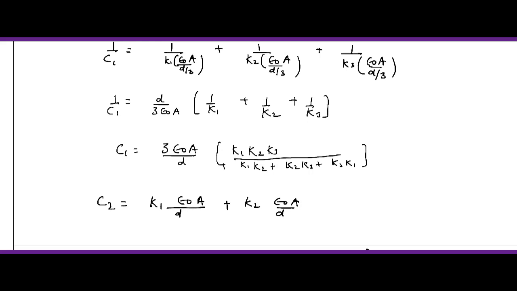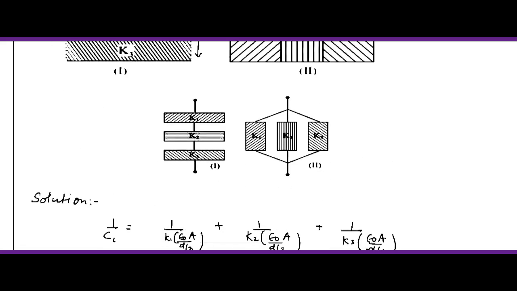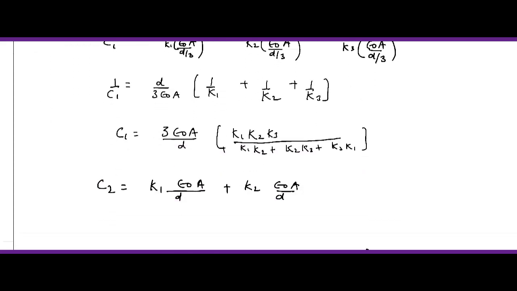If we consider the second case, as shown in this figure, the separation distance is the same, but the area is divided into 3 parts. So the area of K1 will be A by 3, as the whole area is A, and for K2 it will be K2 epsilon naught A by 3D, and for K3 it will be K3 epsilon naught A by 3D, as the area is divided into 3 parts.